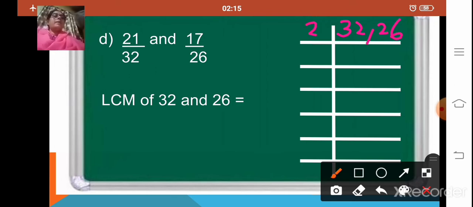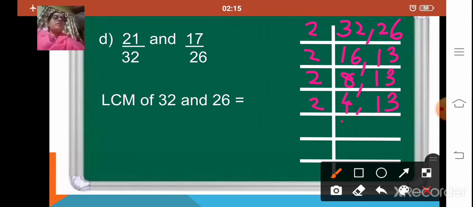So it is divisible by 2. 2 6s are 12. 2 1s are 2. 2 3s are 6. 2 8s are 16. 13 will remain as it is. 2 4s are 8. 13. 2 2s are 4. Again 13 is a prime number, so it will remain as it is. 2 1s are 2. 13. And then last number is 13 1s are 13.